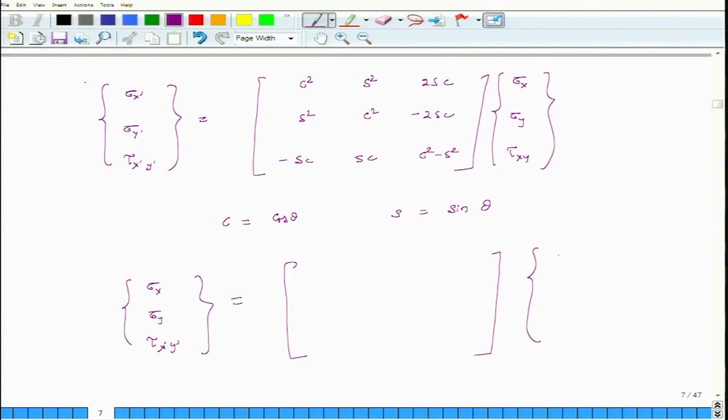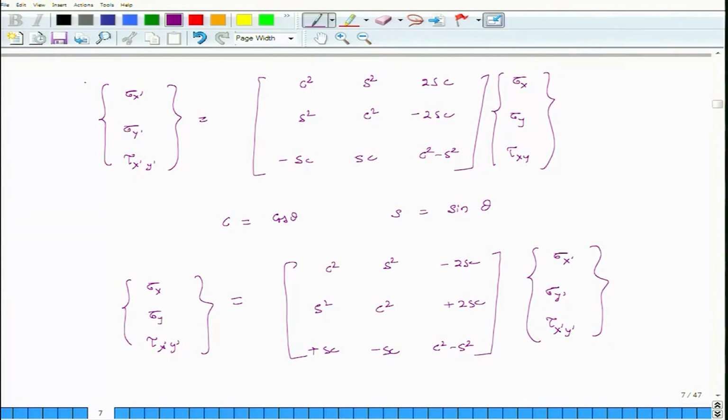So, the transformation matrix, for sigma x prime, sigma y prime, tau x prime y prime, is c square, s square, 2sc becomes minus 2sc, because theta becomes minus theta. Cosine of minus theta does not change, but sine becomes negative. And then it is minus, plus 2sc, c square minus s square, c square, minus sc, s square and plus sc.